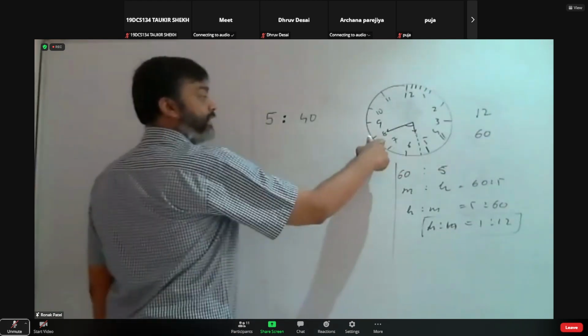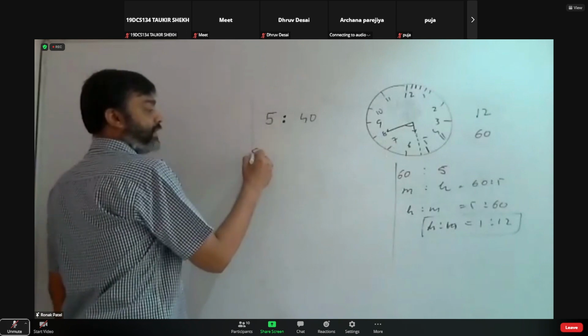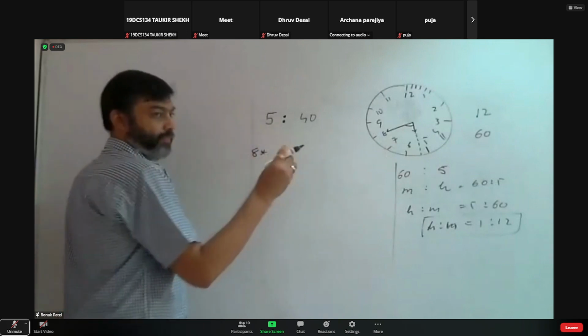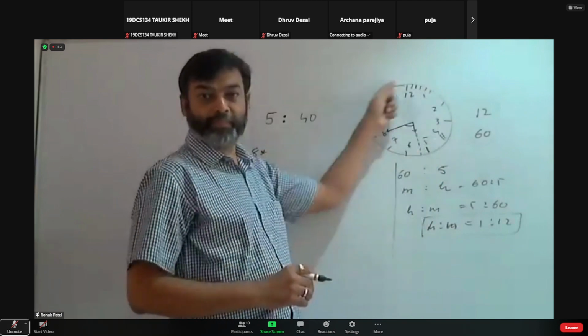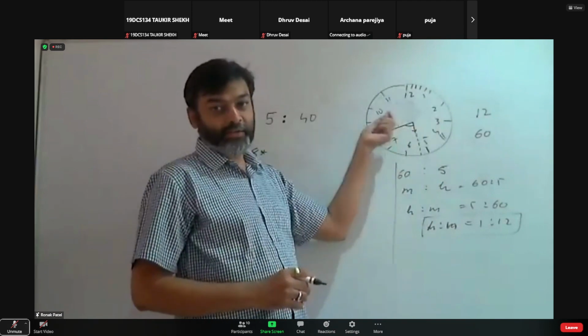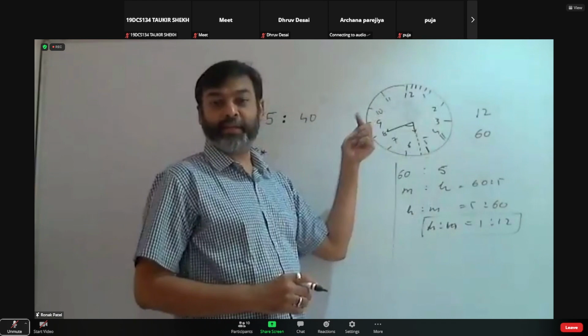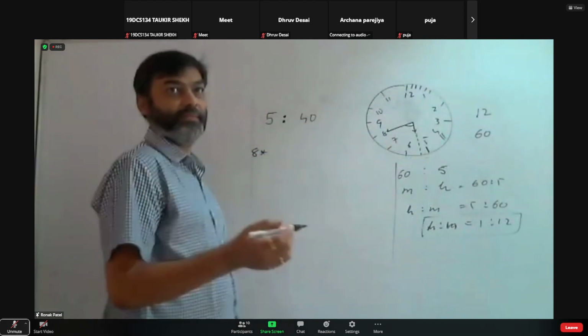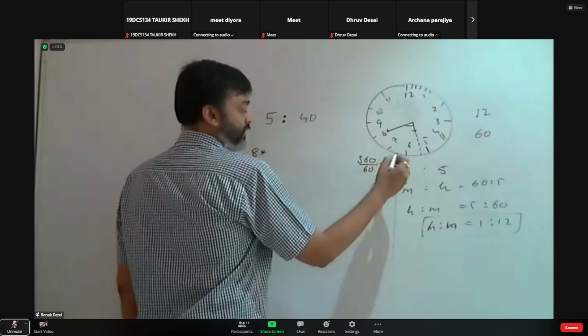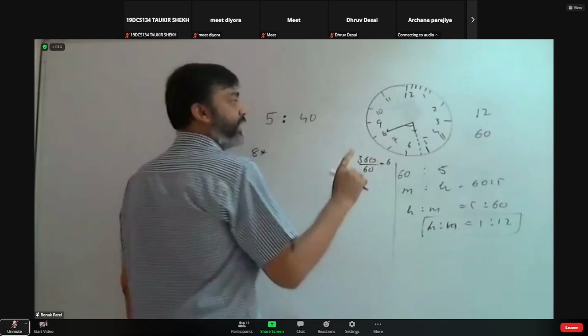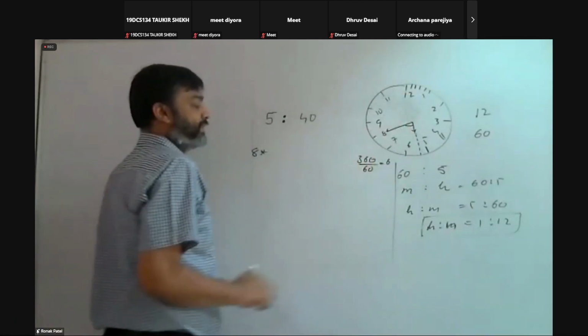First of all, the minute hand is on 8. I can say that every minute is equal to 6 degrees because there are 60 divisions on a 360-degree scale. If I divide 360 by 60, that is 6 degrees. So every unit is taking 6 degrees.